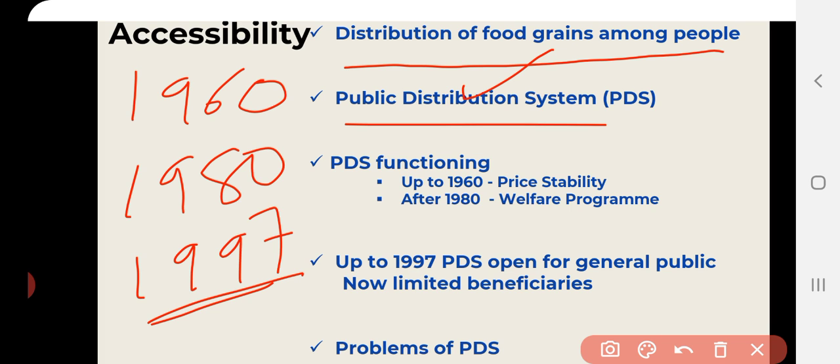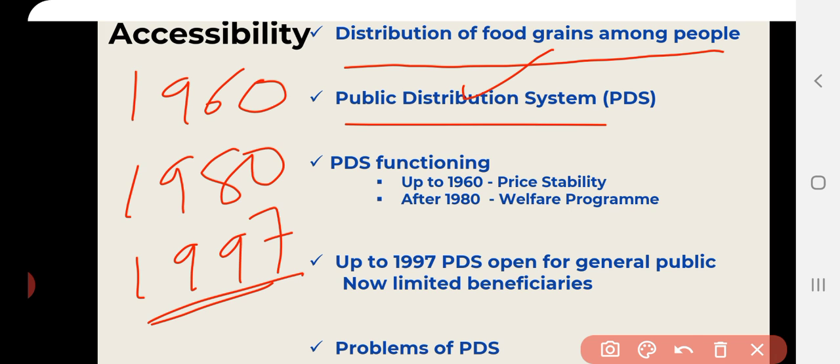Only limited beneficiaries were allowed to get the essentials from this public distribution system, particularly the people belonging to the below poverty line. The government changed the criteria to get benefits from this public distribution system.